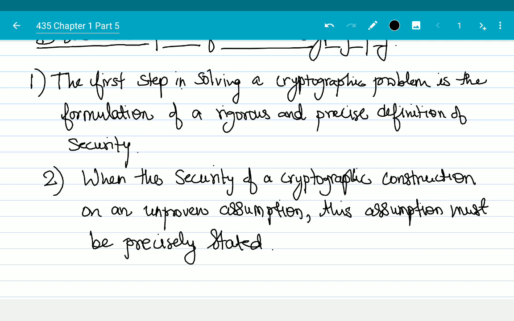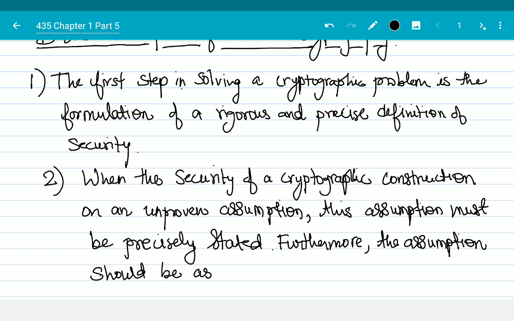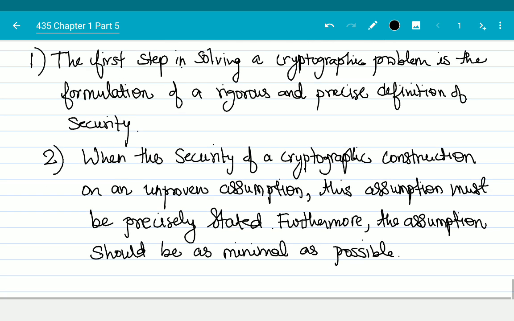Furthermore, the assumption should be as minimal as possible. Why do we want it to be as minimal as possible?